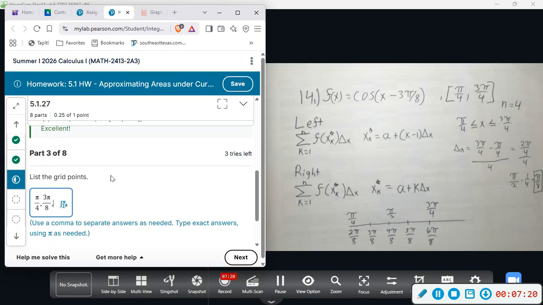And then pi over 2. And then 5 pi over 8. And then 3 pi over 4.